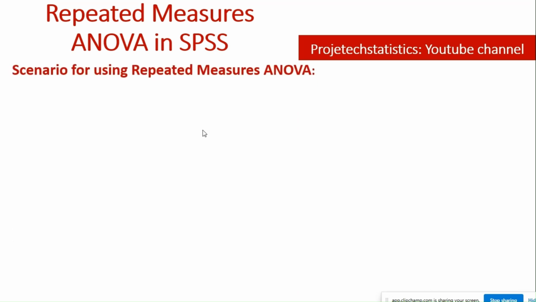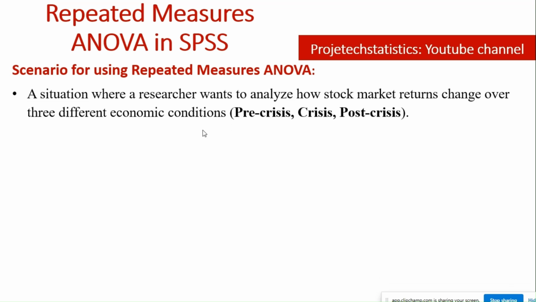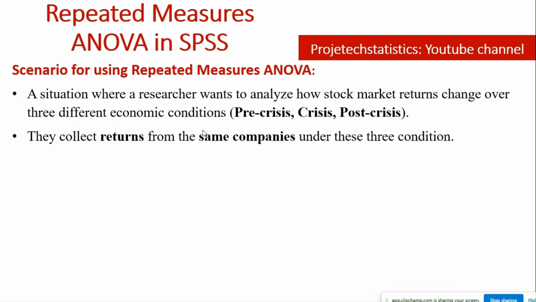I'm going to give you some scenarios on where to deploy repeated measures ANOVA, and it will help you understand when to deploy it and the different situations where it can occur. First, a situation where a researcher wants to analyze how stock market returns change over three different economic conditions: the pre-crisis, the crisis, and the post-crisis.